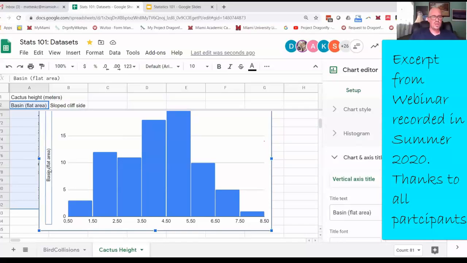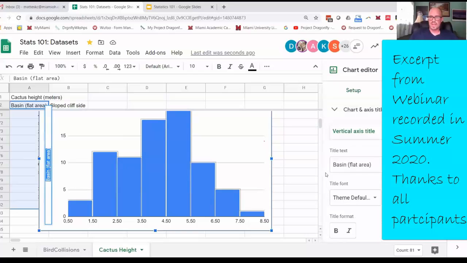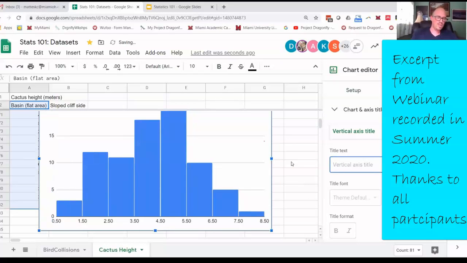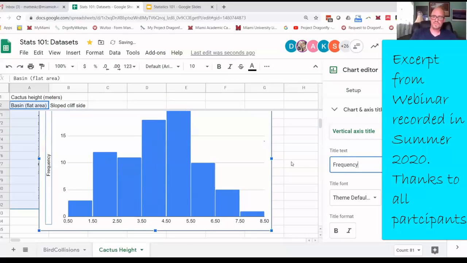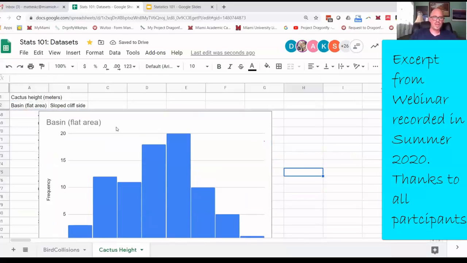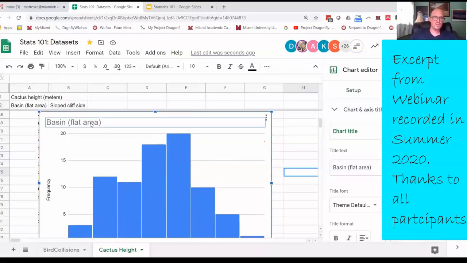So you can double click on that, and we can rename it as we should. I'm going to rename it frequency. I would also want to get rid of this little title because I don't like it.